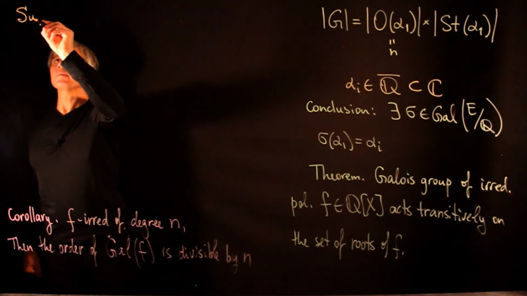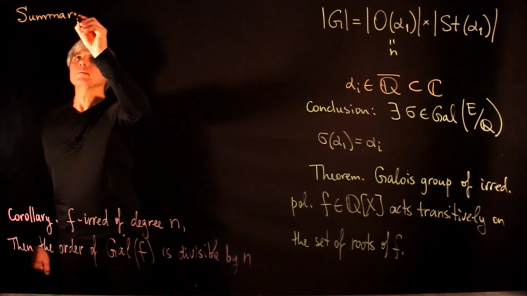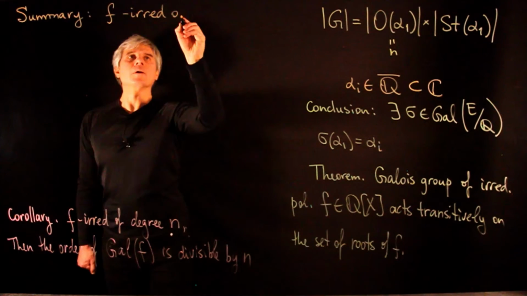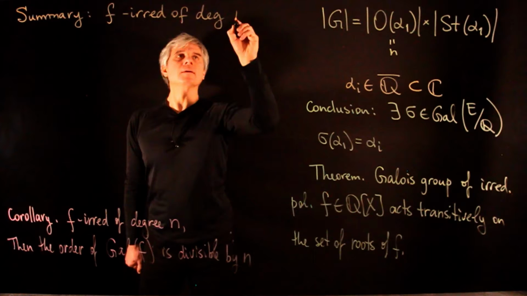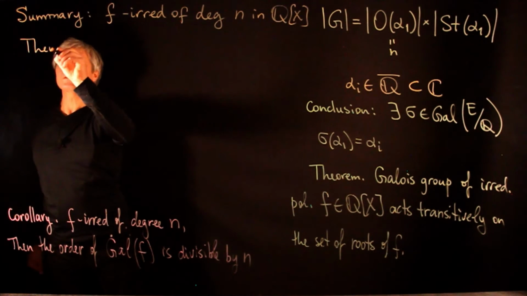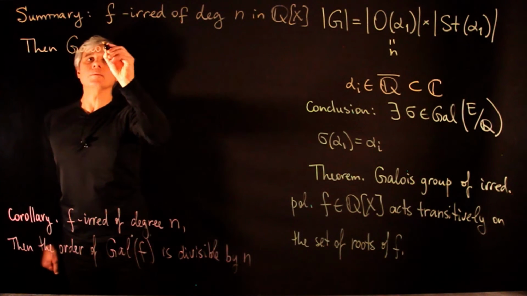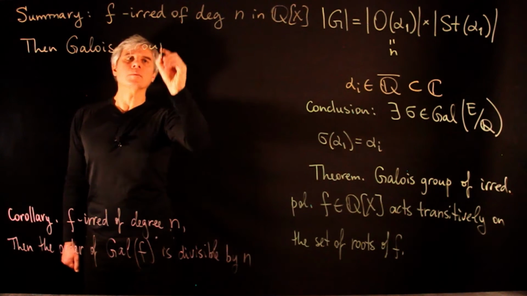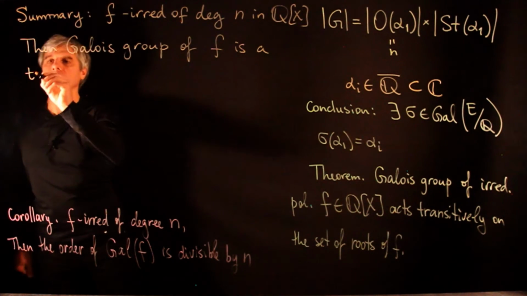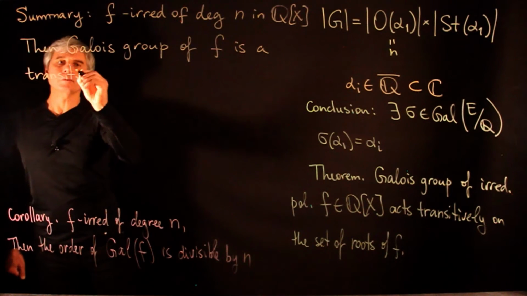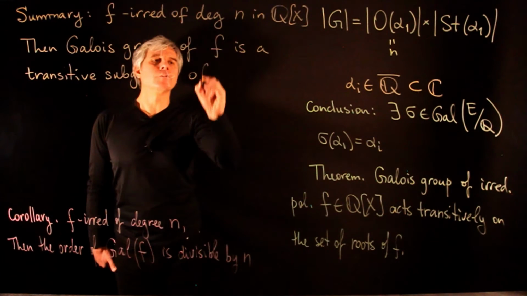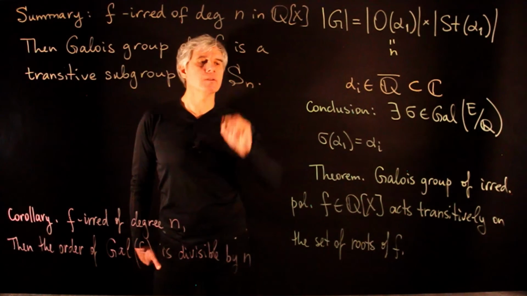So summarizing, if f is irreducible of degree n in Q[x], then the Galois group of f is a transitive subgroup of the group of permutations on n letters.